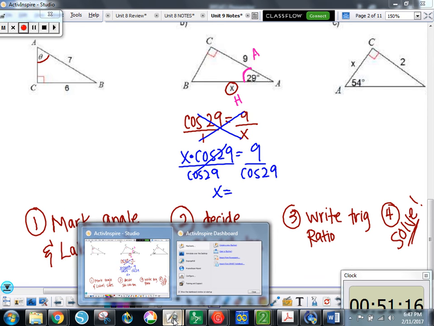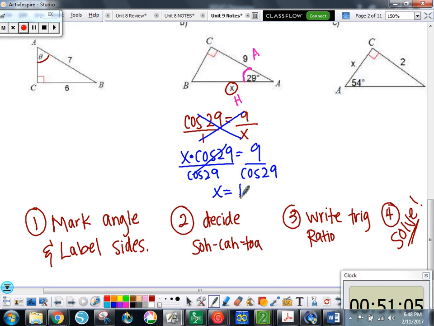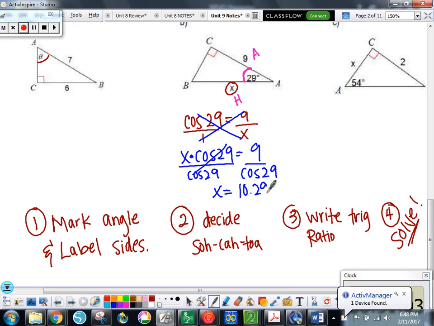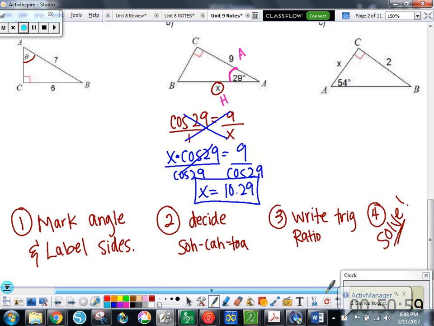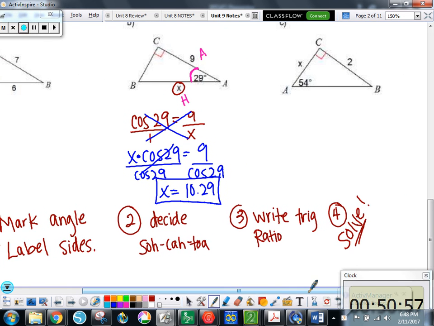So let's go back and put that in. All right, x equals 10.29. Why don't we just plan on rounding to the hundredths place? Sorry if that took forever and you're like, we get it, move on.